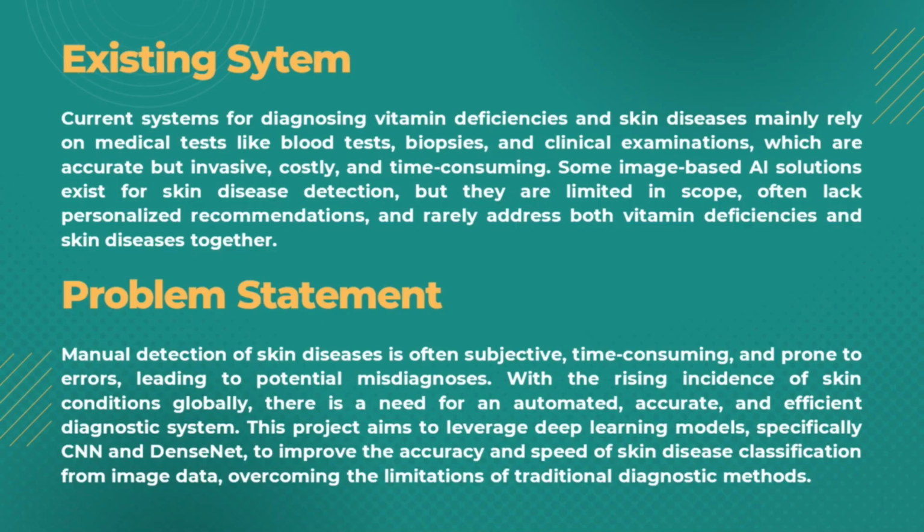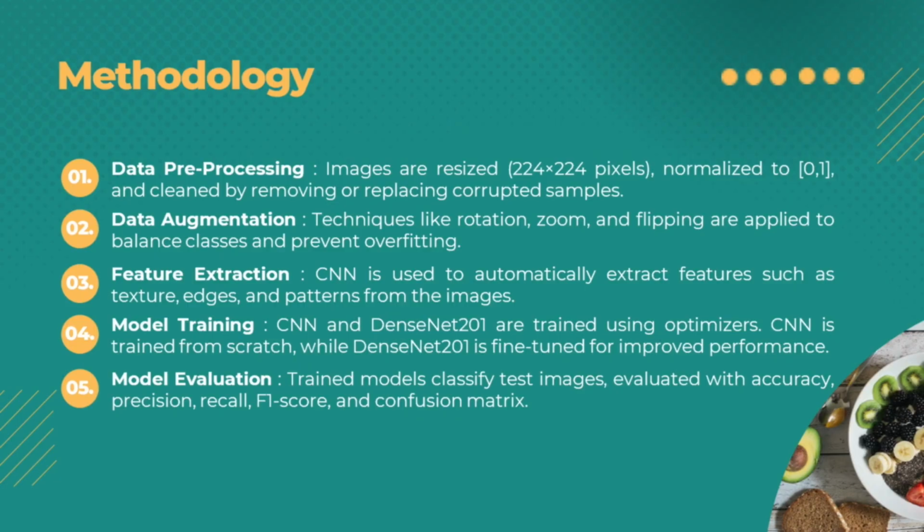So there is a need for an automated, accurate and efficient diagnostic system. This project aims to leverage deep learning models, the two models that we have seen, the CNN and the DenseNet, which will improve accuracy, be fast and accessible enough, and overcome the existing ones.